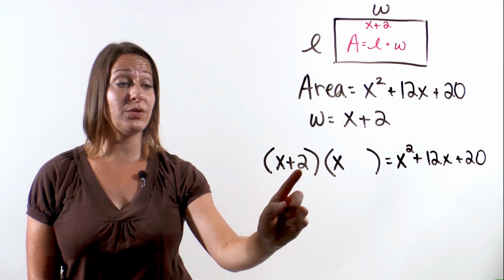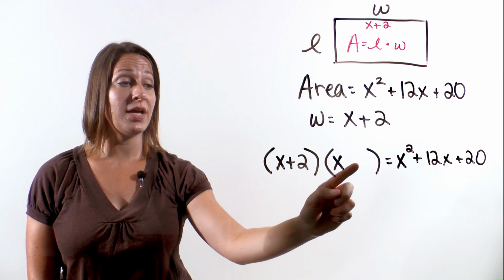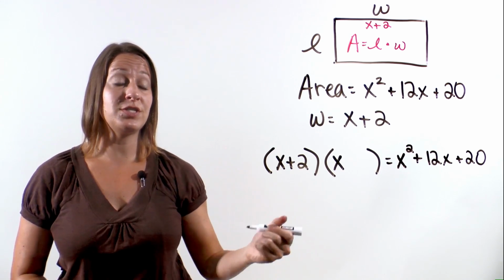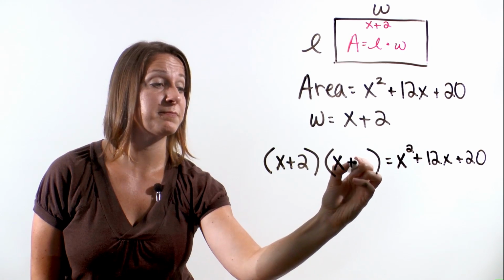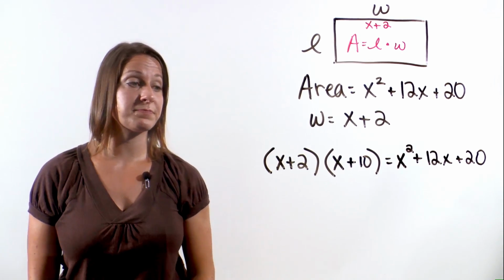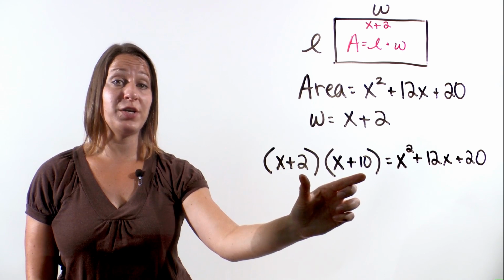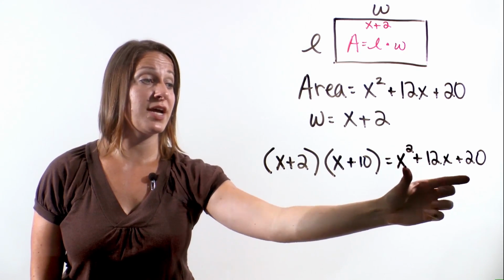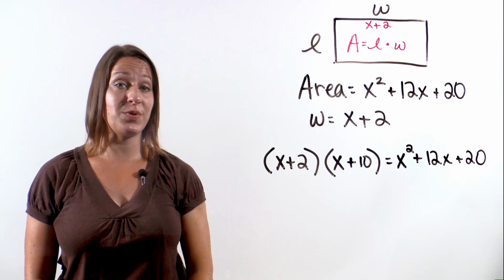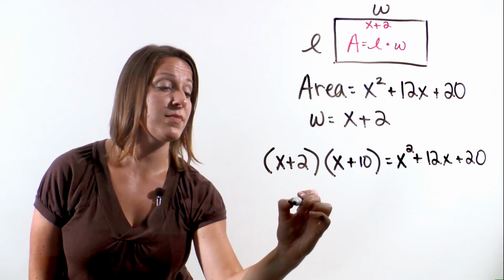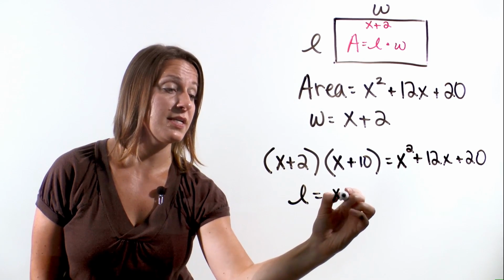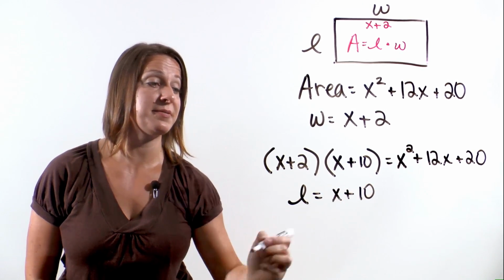We already have a clue. We already know it's going to be 2 and another number, which is going to be 10. And if you were to FOIL these two binomials, you would come up with x squared plus 12x plus 20. So for this problem, our length is the value x plus 10.